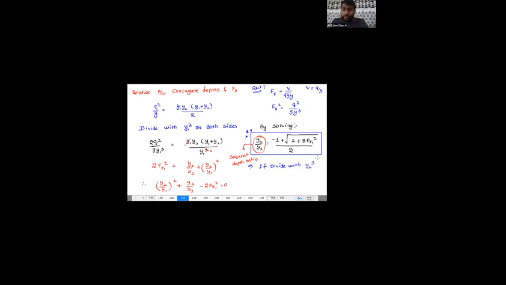If it is divided with y2 cube, then what is going to happen? y2 cube means Q square by g y2 cube, Fr2 square. y2 cube means then it's going to be y1 by y2. So y1 by y2 is equal to minus 1 plus root of 1 plus 8 Fr2 square by 2.